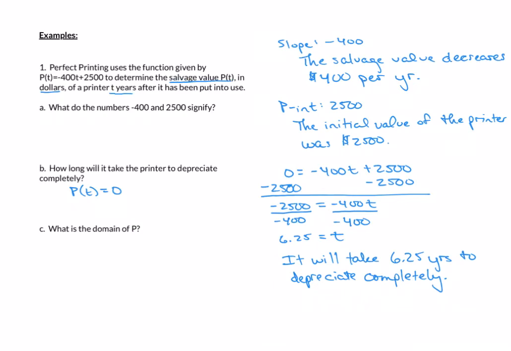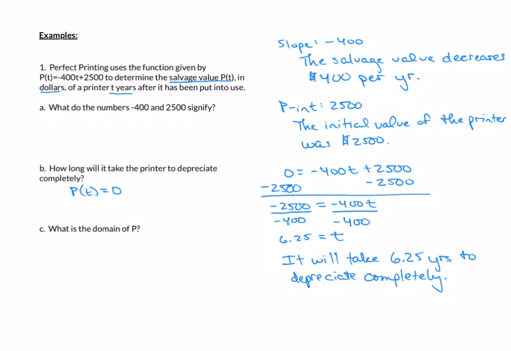The last thing we want to know, what is the domain of P? Now, when we talk about domain, we've talked about domain before, and when we talk about equations in general, remember that for linear equations, the domain is always all real numbers. But now we're going to talk about domain in terms of application problems.